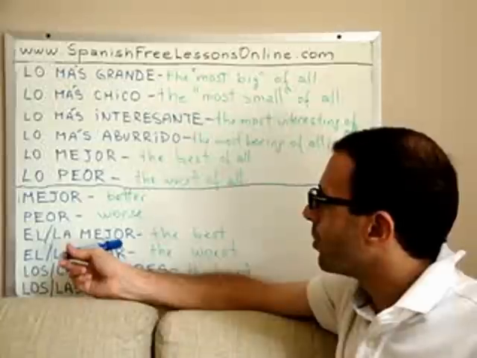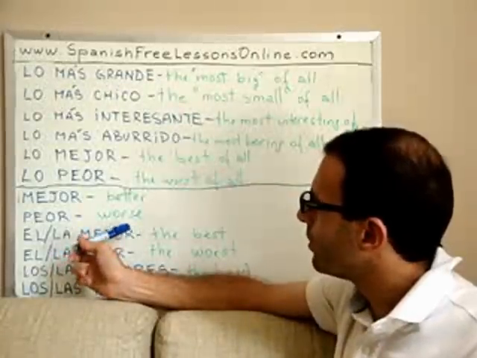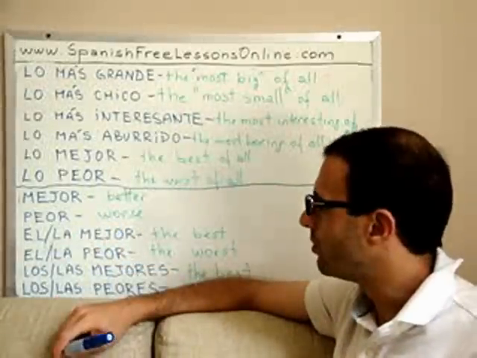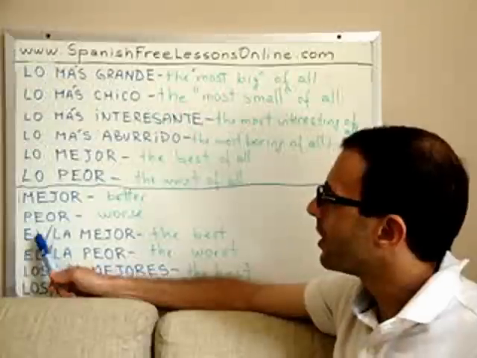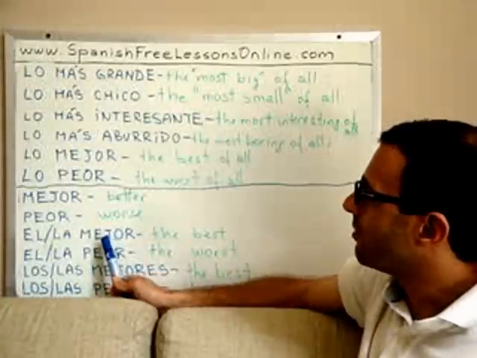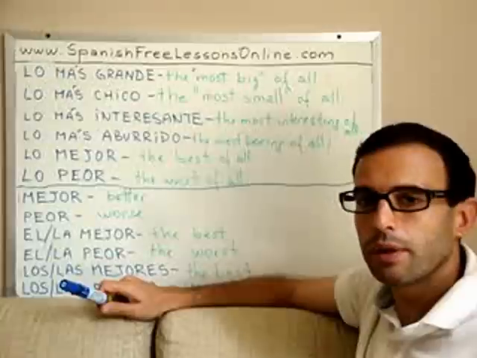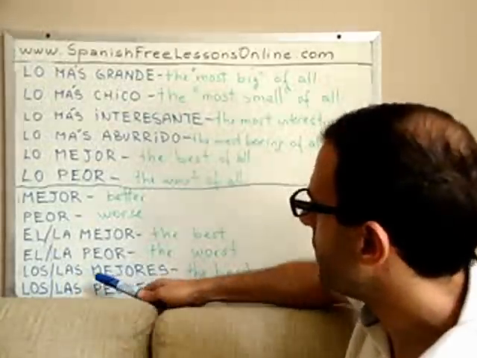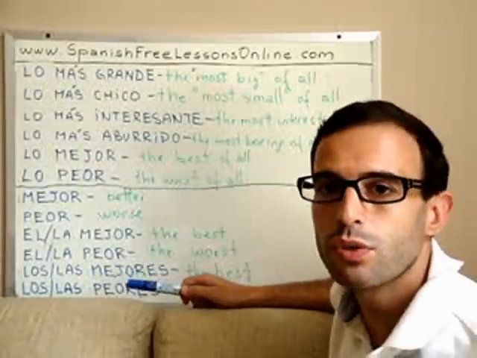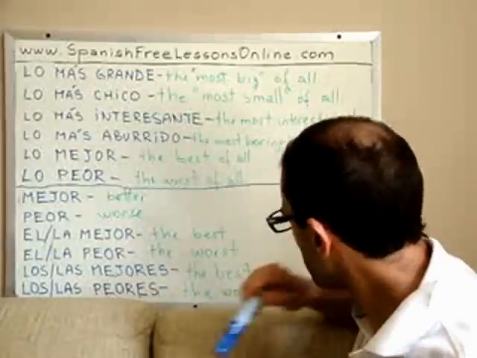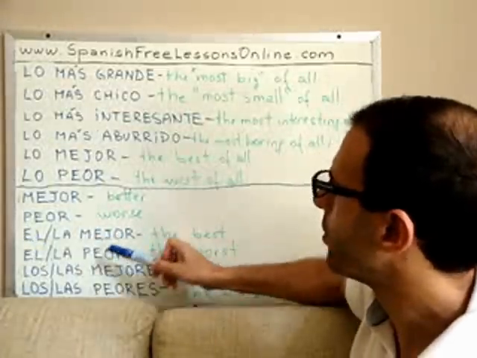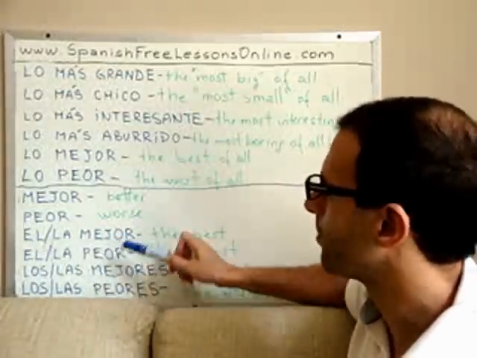So when it does not finish in O, as we've seen before, the adjective does not change to masculine or feminine. However, as we'll see here below, it does change to plural or singular. So, el mejor or la mejor.